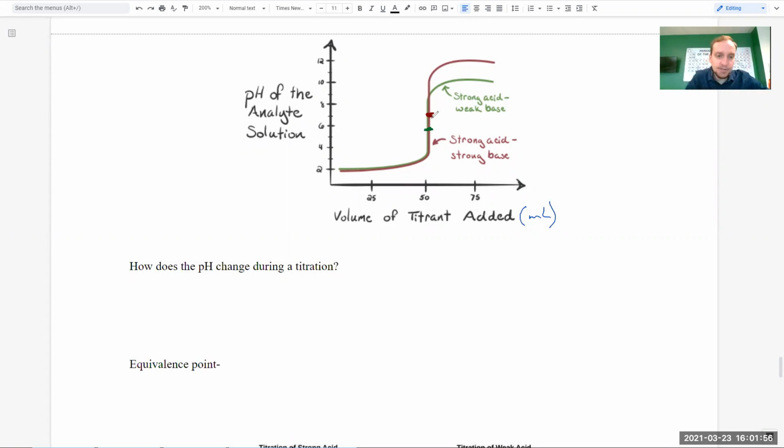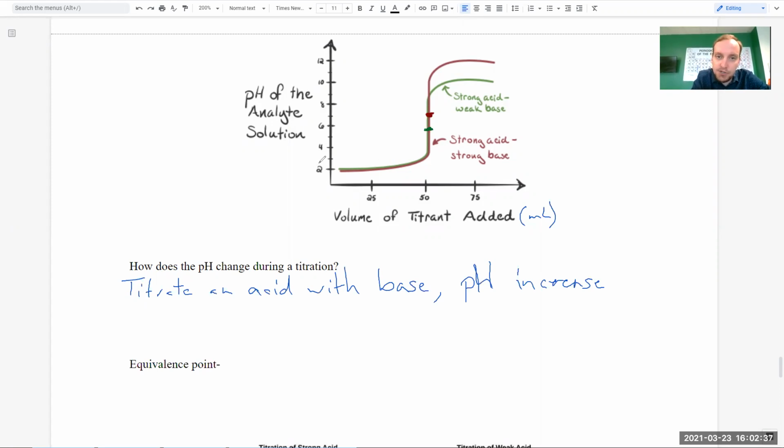So how does the pH change during a titration? Generally speaking, if you are trying to titrate an unknown acid with a standard solution of base, then of course the pH would increase, similar to what you see above on this chart.